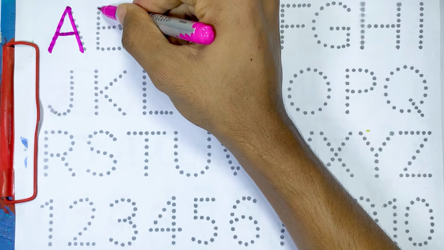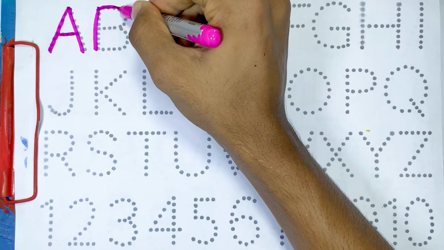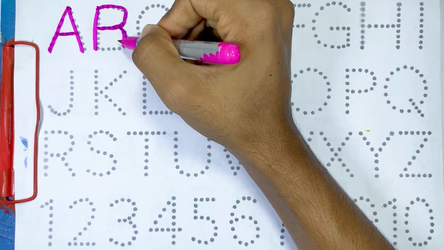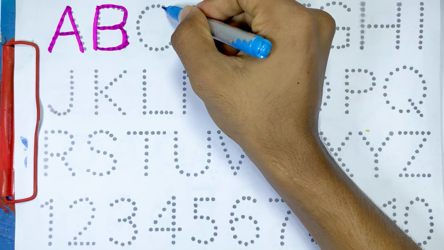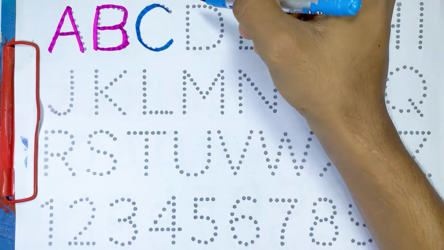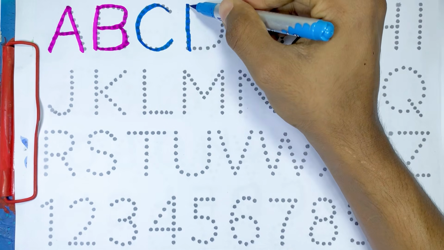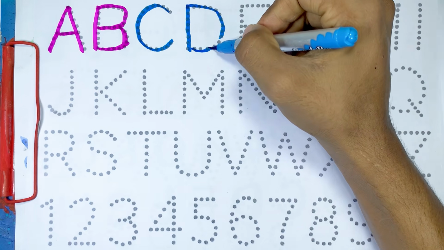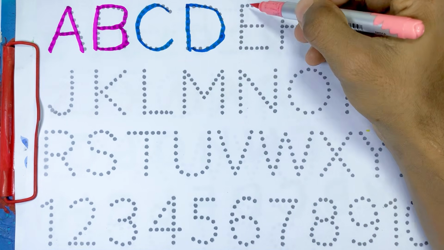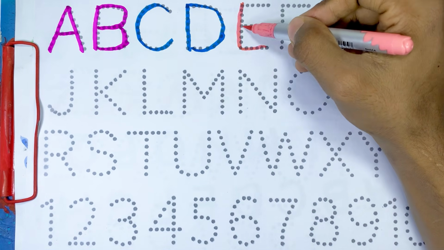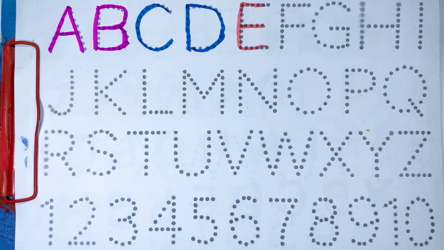A for apple. B for ball. Kids, now you draw C. C for cat. D for dog. Okay, so now you draw E. E for egg.